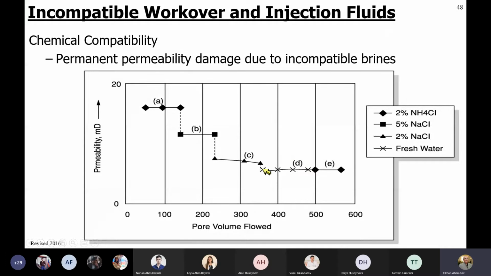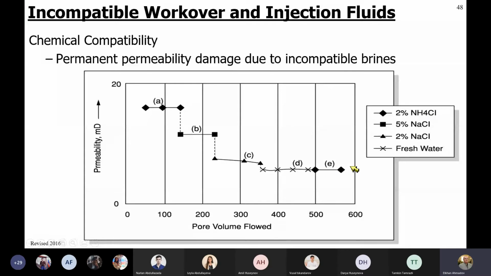So this is not helping. The clean or better fluid does not improve the situation, it stays at the same level. So it's not adding to the damage, but the damage added by those fluids is permanent.